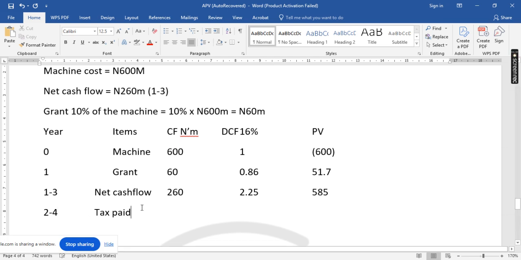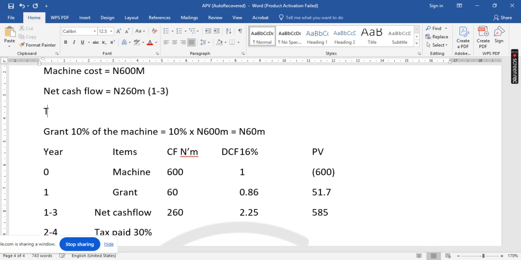Okay. So the tax paid, how many percent? 30% of the cash flow. Let me write it out so that you understand. Tax paid, 30% times 260 million.